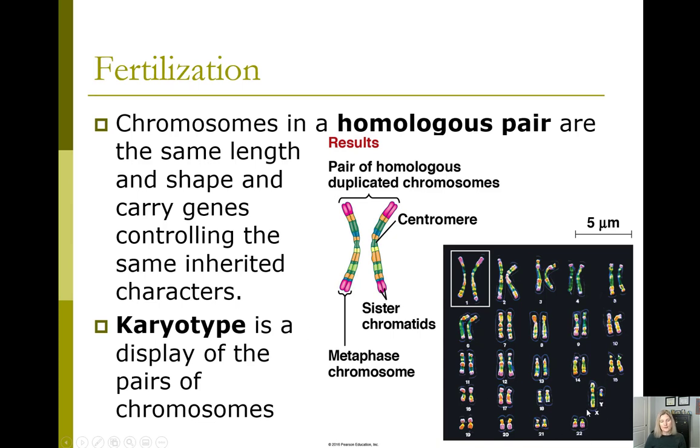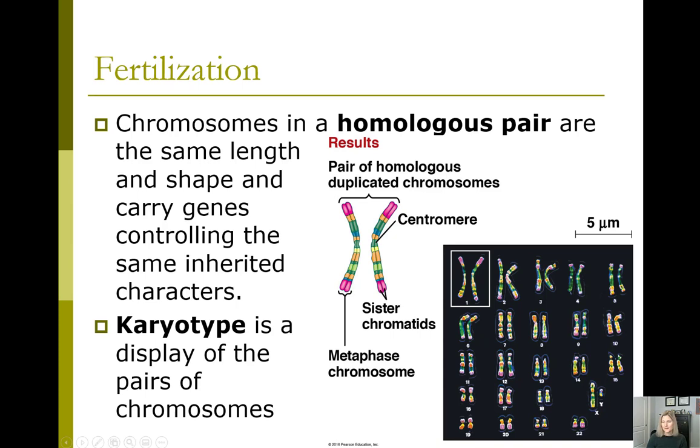This, by the way, is called a karyotype. A karyotype is just a display of your chromosomes. So if I added up all of these chromosomes, I would get 46 of them. And you can see that you have 23 pairs. Here's pair number 1, here's pair number 22, and then that's the 23rd pair. It's your sex chromosomes. In this case, this is a boy because there's one X chromosome and one Y chromosome.